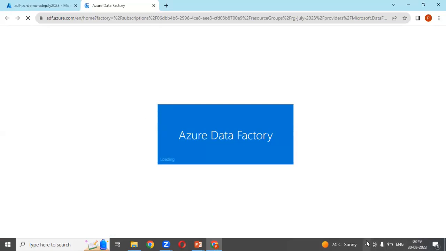What's happening? It's taking too much time. Do I have any network issue?